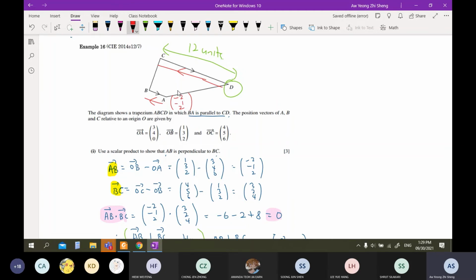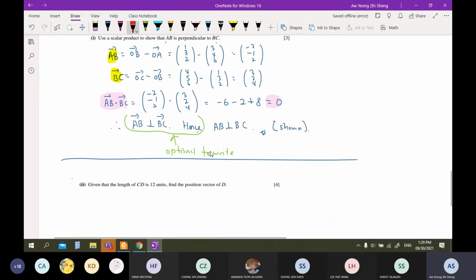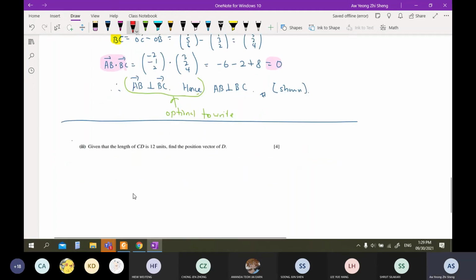Now, I'm about to show you a slightly different way of doing it. It's the same idea, but I will use a slightly different method, just to show you that there is an alternative. There's nothing wrong if you follow the method similar to example 14.